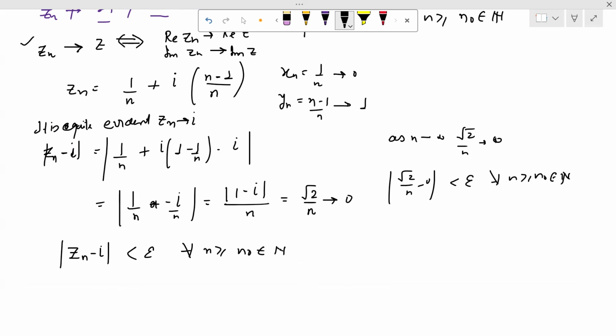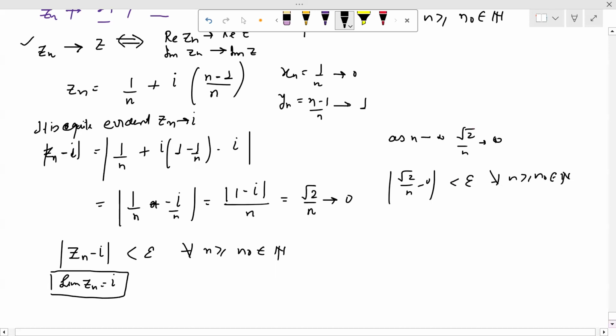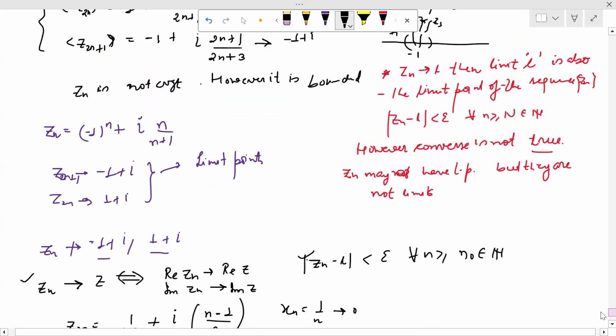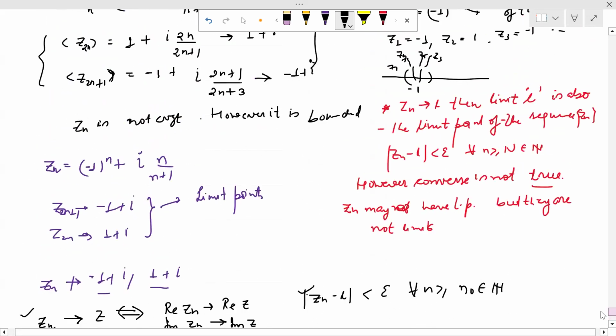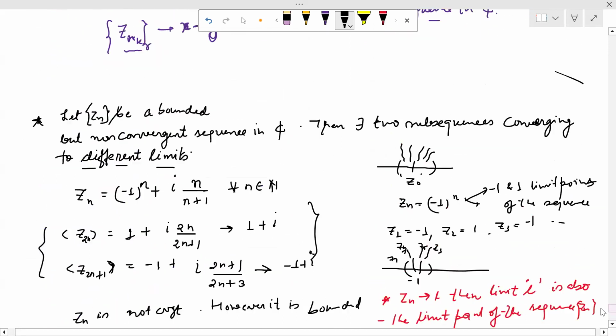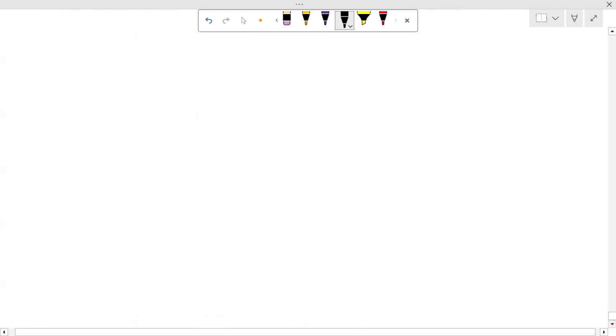So clearly the limit of Zn is equal to iota. So I have proven it both ways. I hope you remember this particular question I've already given you in the previous lectures. All these things you have already studied in your real analysis also, so I'm not stressing much on it.